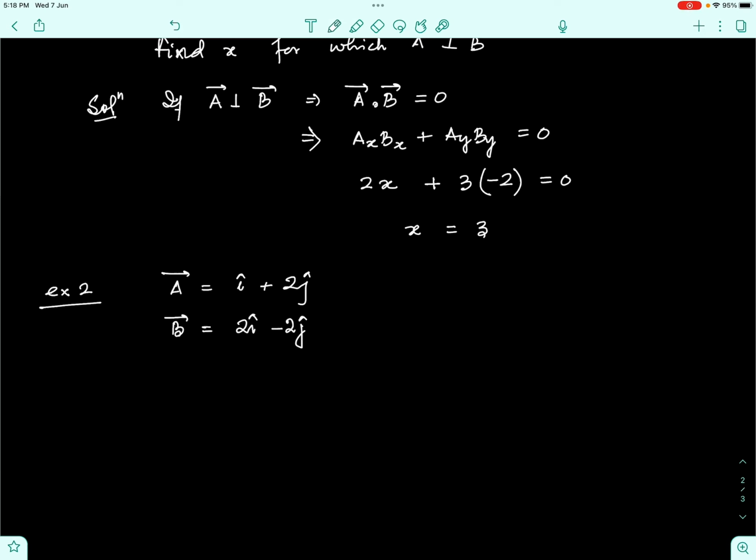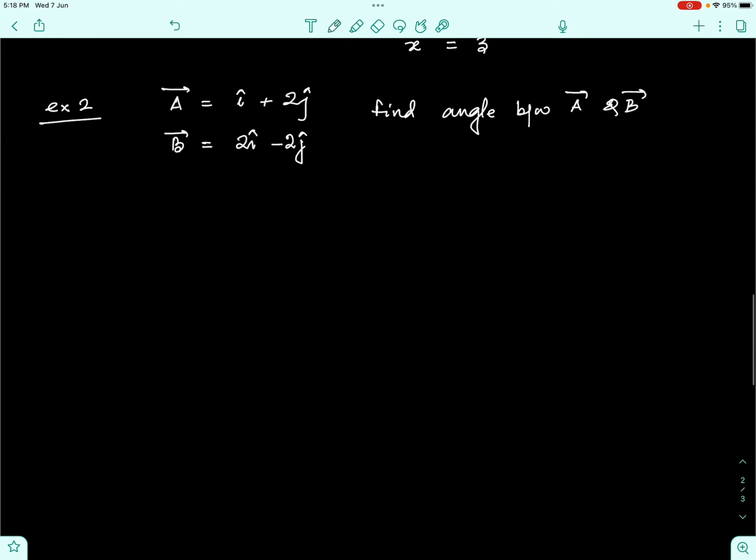In that case, if we are supposed to find angle between vectors A and B, we can use the application of dot product. We can say that cos theta is equal to A dot B by mod of A into mod of B. This expression will give us cos of the angle between the two vectors.